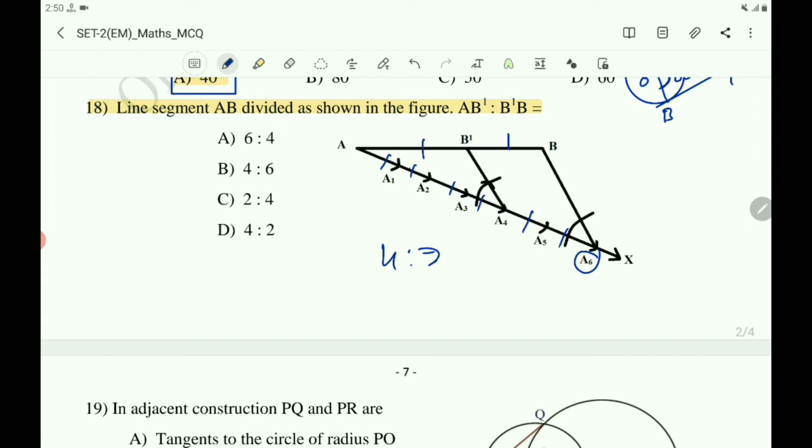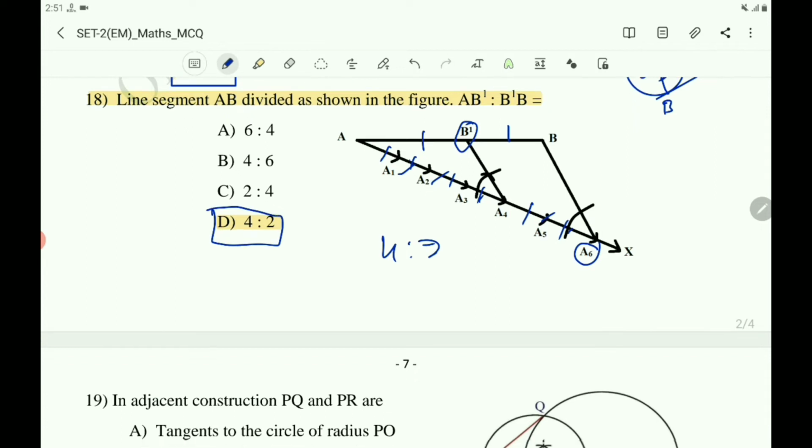Here for the first part AB dash we have taken 4 divisions. Next 2. So the ratio is 4 is to 2. So option D is the answer. Note it down. Option D is the answer.